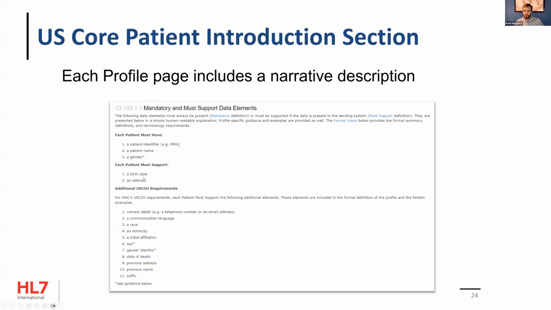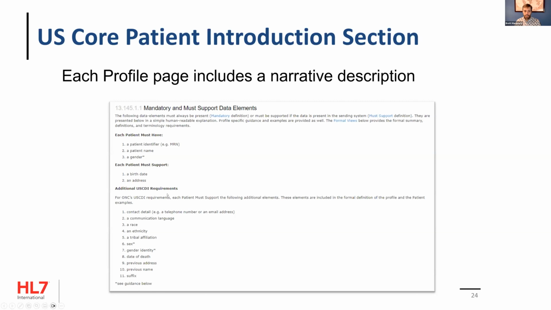And so if I give you a birth date and an address for a patient, you will be able to include it. And then we have this thing called additional USCDI requirements. And so these are, if you're doing certification, in the certification community at Inferno or Touchstone, you are required to prove that you can capture and exchange them. So essentially it makes all these must support.